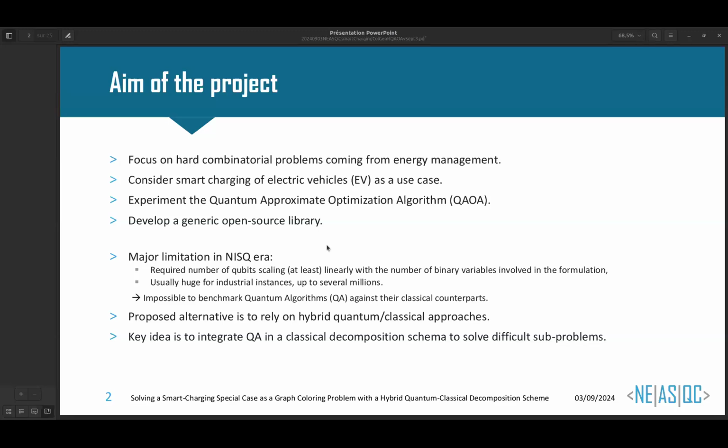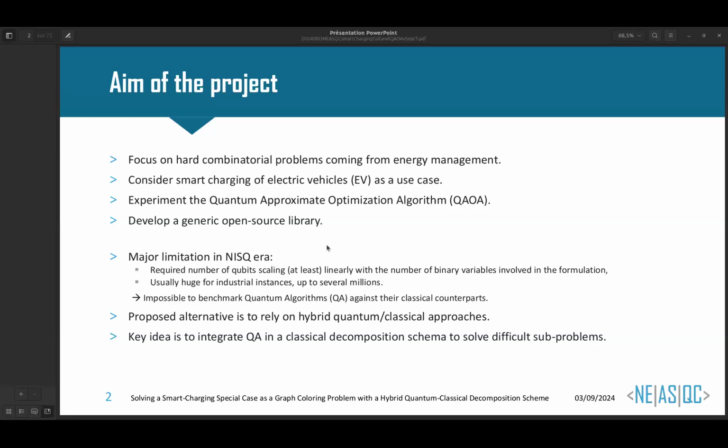Such formulations, even when they are compact, meaning polynomial in terms of number of variables with respect to the size of the original instance, are not only linear, they could go polynomial, meaning quadratic in terms of number of variables. Because of the scale of the instances in the industrial context, this could rise up to several millions in large-scale applications.